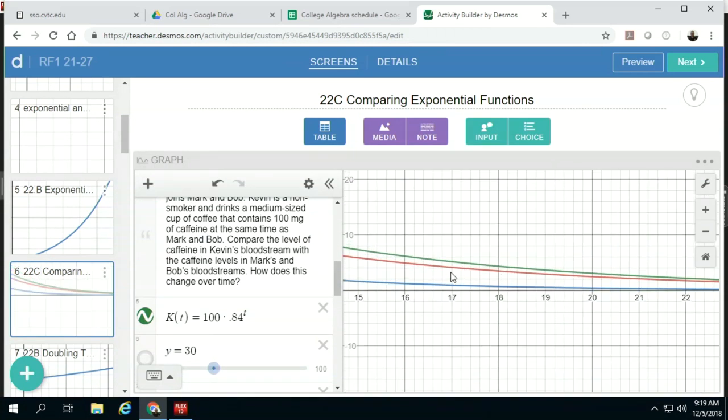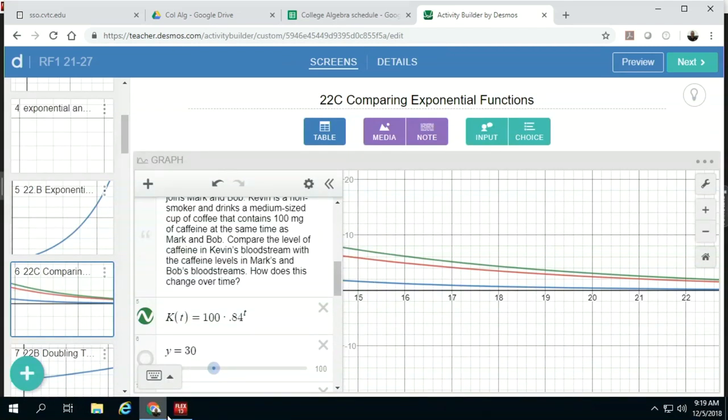If you notice here, K is always higher than B. Why is that? Because he started with more. He will always have more in his bloodstream, and the amounts will get closer and closer together as you go farther along, right?